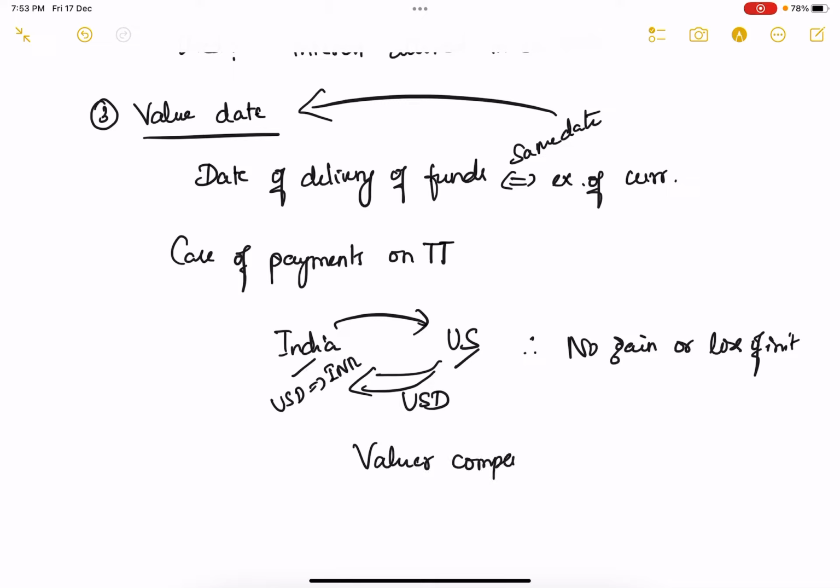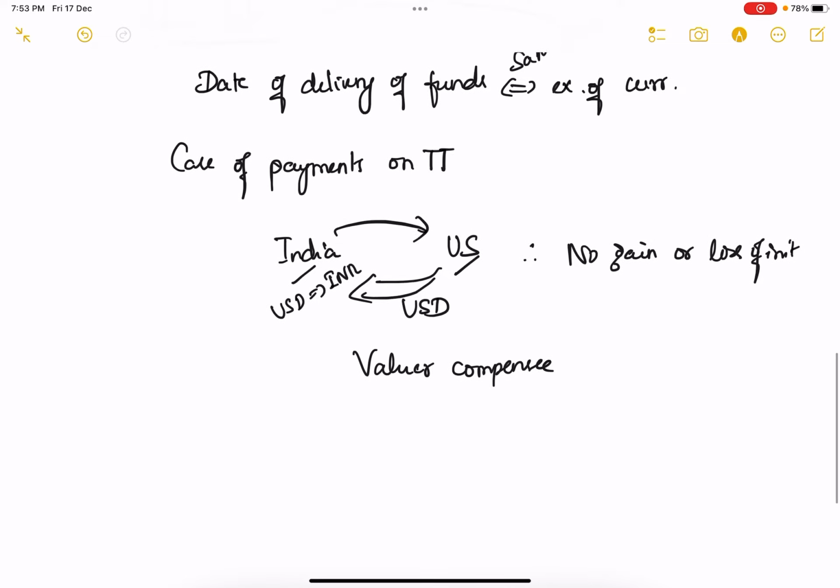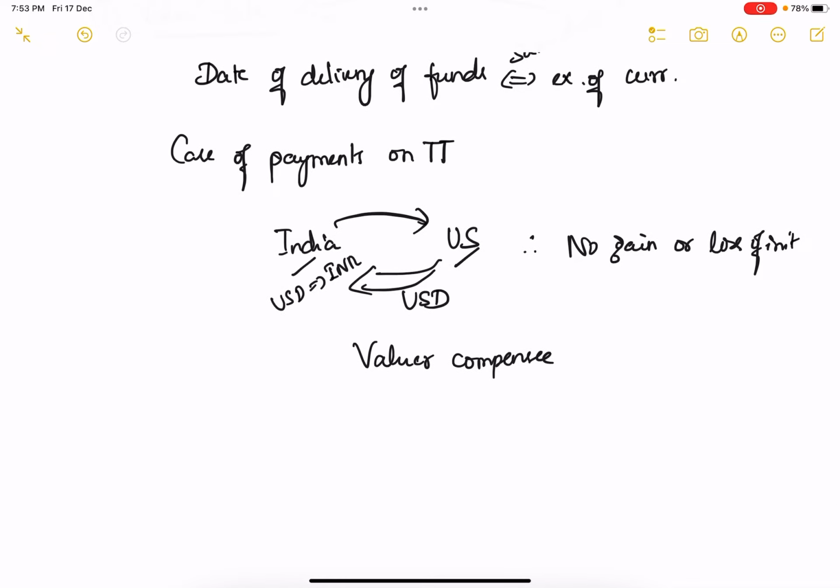value compensee. Let me tell you why. See, once I export goods to US and I receive funds on the same day and the currency exchange is also done on the same day, then obviously I will have neither a gain nor a loss. Suppose there is a time lag between receipt of funds at one center, that is in India, and payment of funds at another center, that is in US, then compensation should be paid.